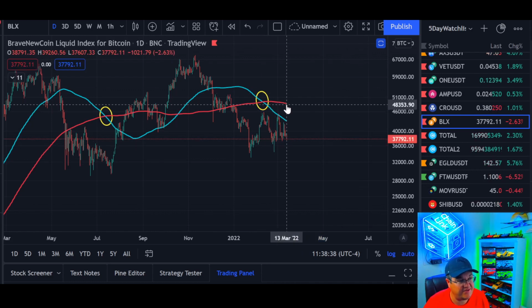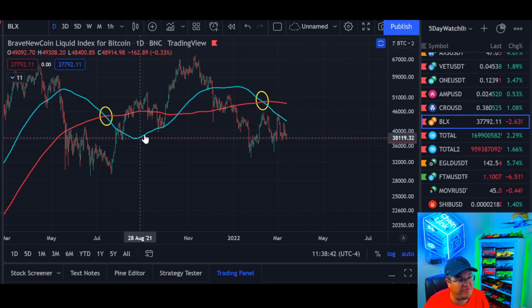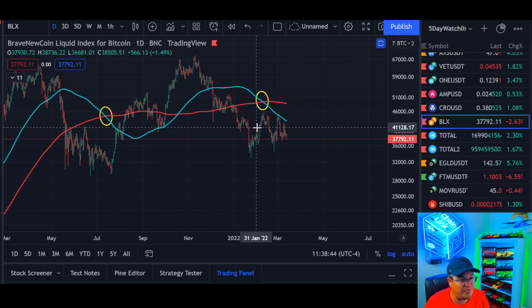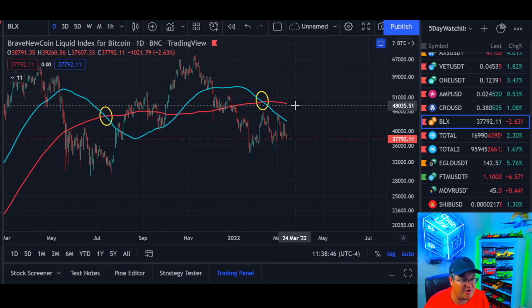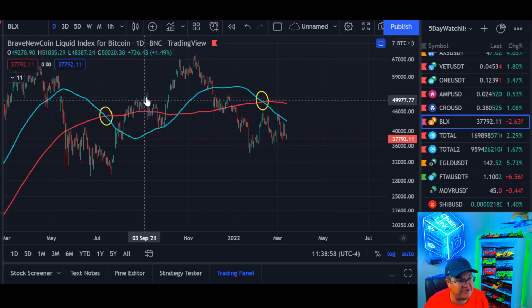Now you could see that we're going to need a dramatic about face turn. How are we going to get that? Prices are going to have to obviously be above the 100-day in order for the moving average to turn up. And you could see what kind of a move we made back in, remember, July, August, when we started making that run. Look how much the prices had to increase to even turn this moving average.